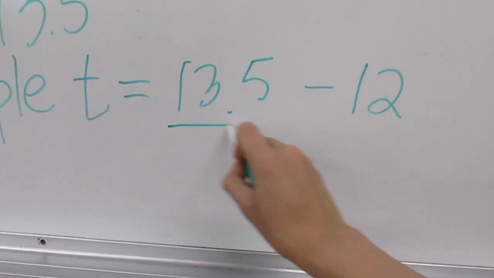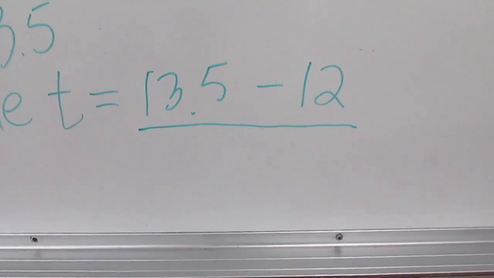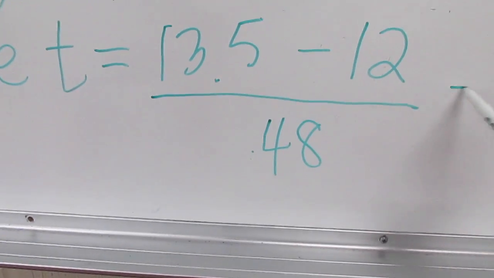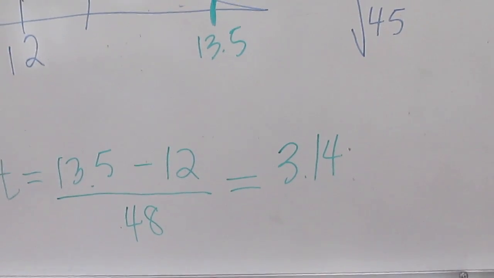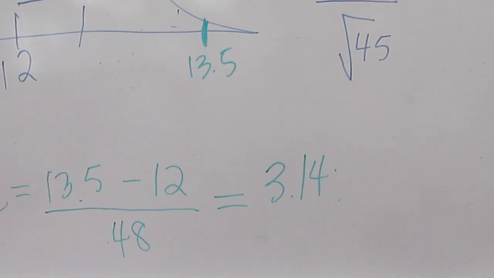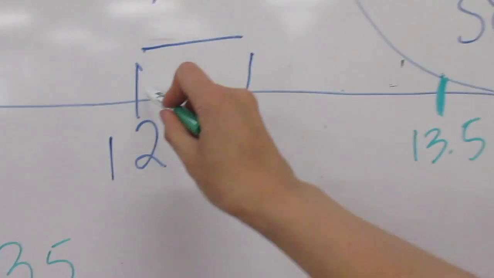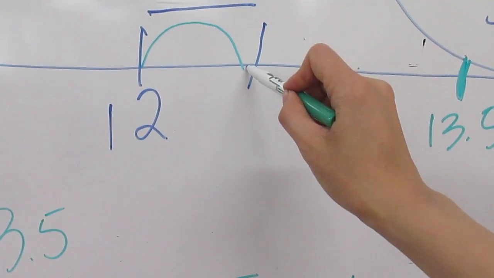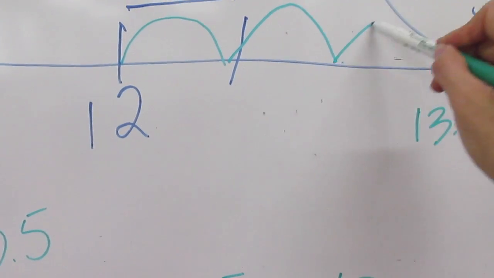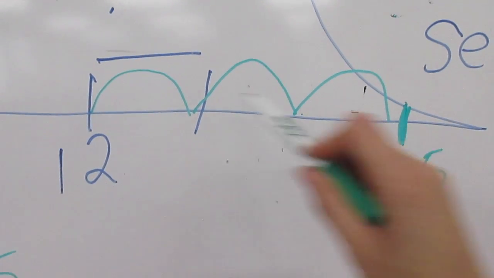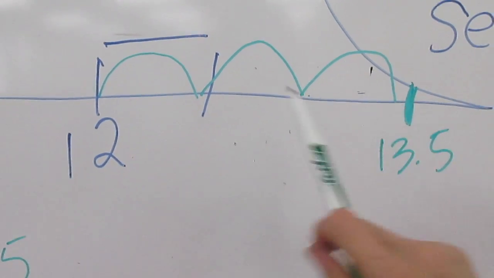But then we want to see how many standard errors fit in there. How many smoots? It's 3.14 standard errors. So if we go back to our picture, here's one standard error out, here's another, here's another, and it's not quite a full one. It's like 3 and 0.14.